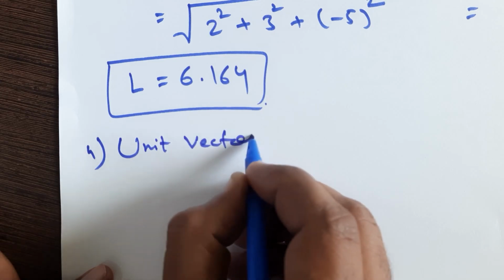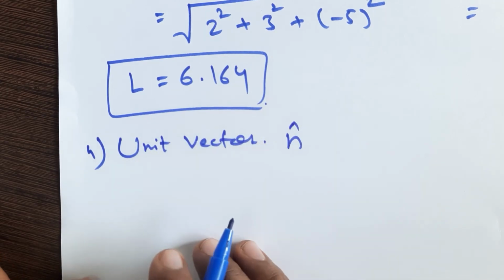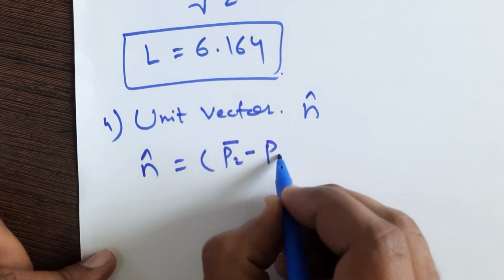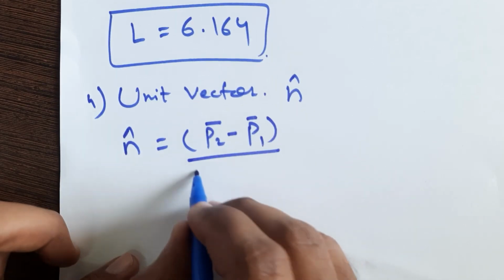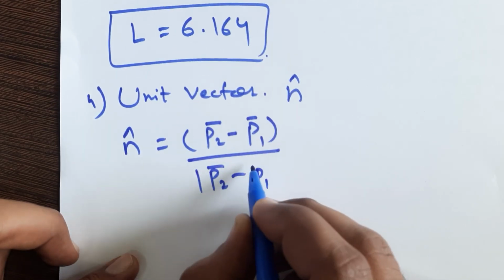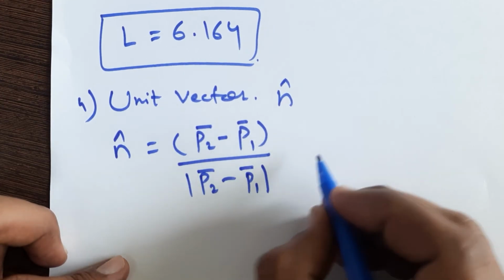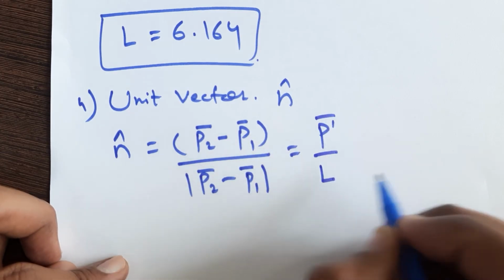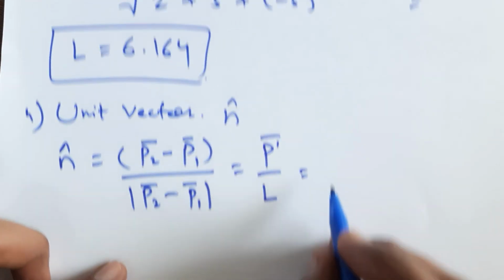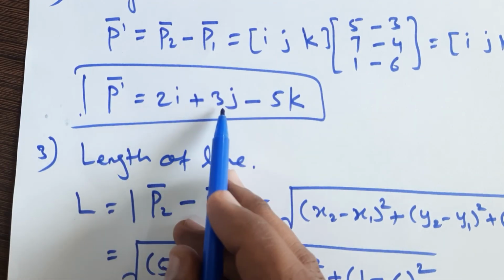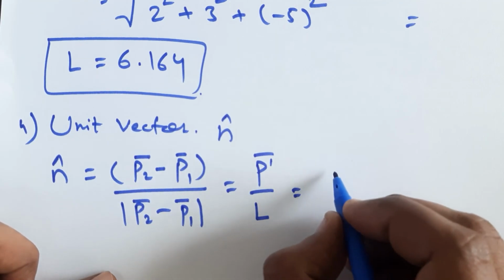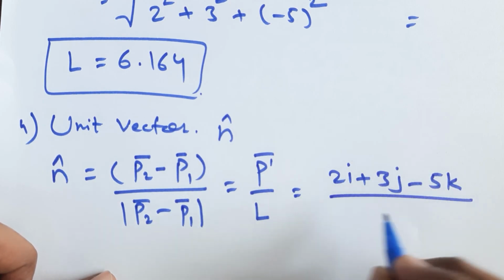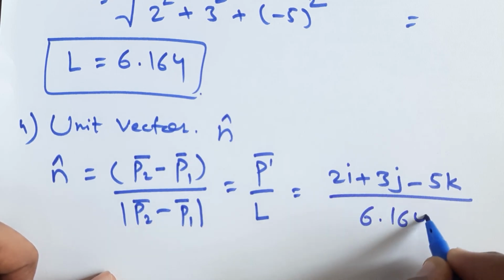We will call it n cap. n cap is given by P2 bar minus P1 bar divided by mod of P2 bar minus P1 bar, or you can write P dash bar divided by L. P dash bar is 2i plus 3j minus 5k, divided by L which is 6.164.